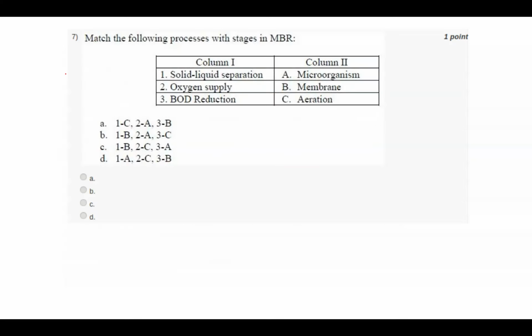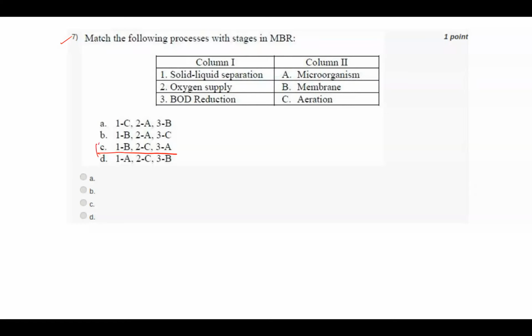Now, seventh question. Match the following processes with stages in MBR. Two different columns are given, and we have to just match them. From this, any answer?